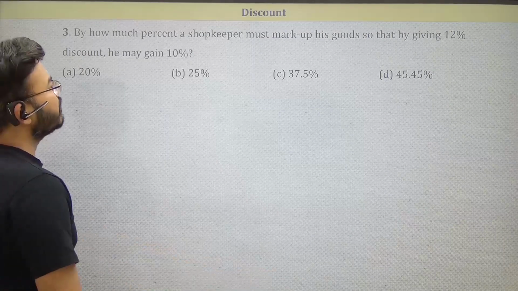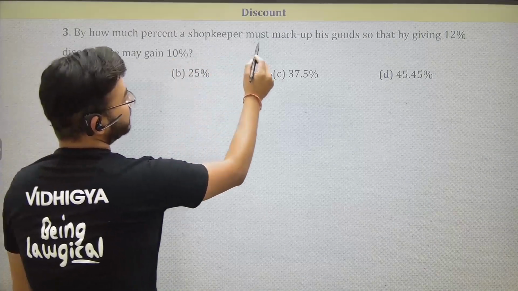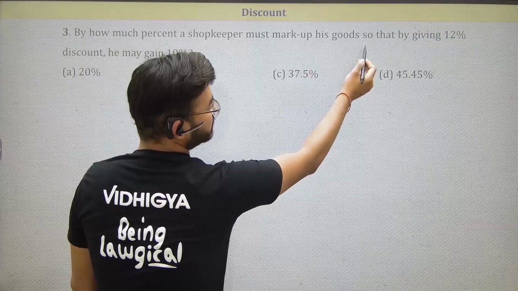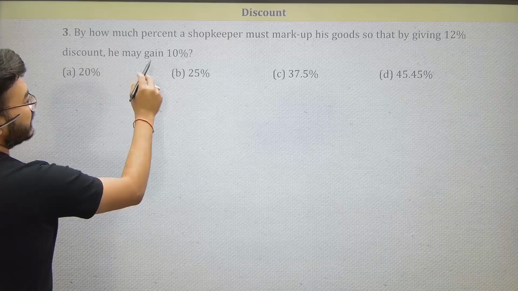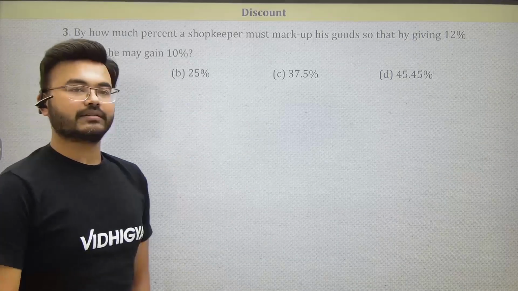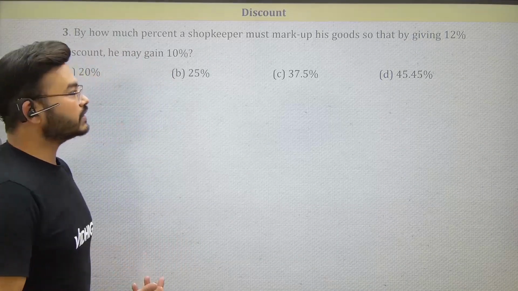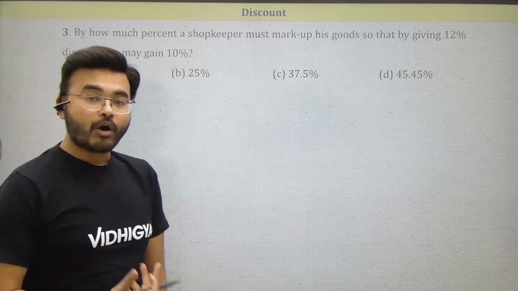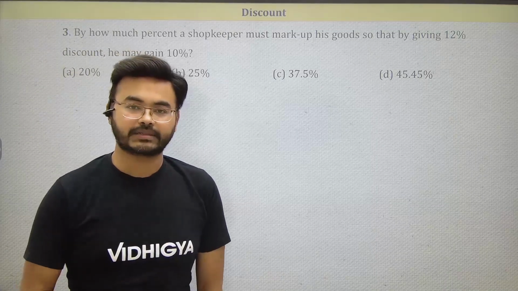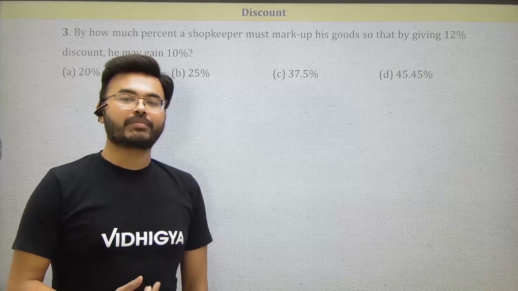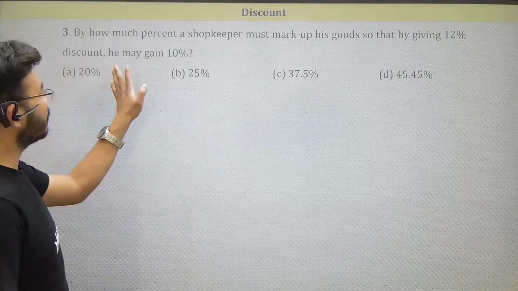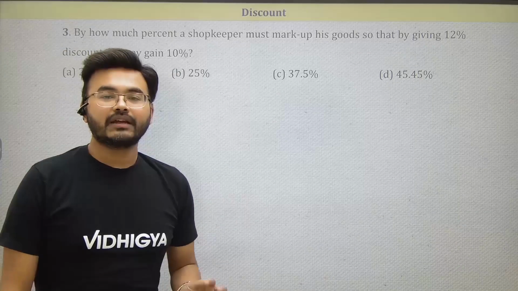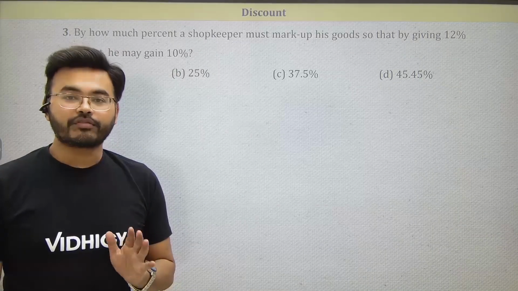Next, by how much percent must a shopkeeper mark up his goods so that by giving 12% discount, he may gain 10%? Okay. Here we are asked by how much percent, that is the markup percent, we must increase the price of an article so that even after giving a 12% discount, we are able to gain 10% profit.